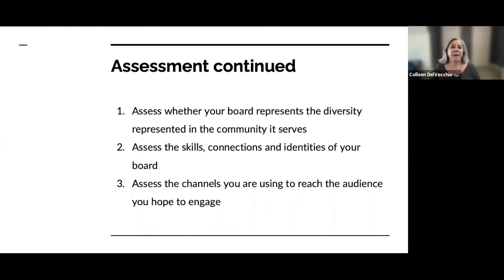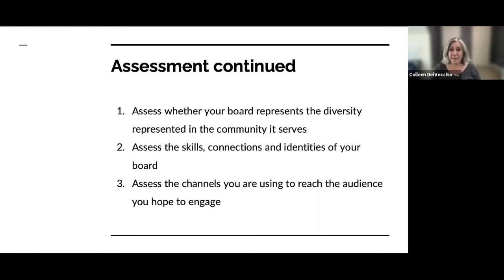Years ago, I was part of a board that served teen girls. And when I joined the board, I looked around the table the first day and realized we were a whole bunch of pretty much upper middle class white women. Only one person on the board actually lived in the community of the girls that were being served.